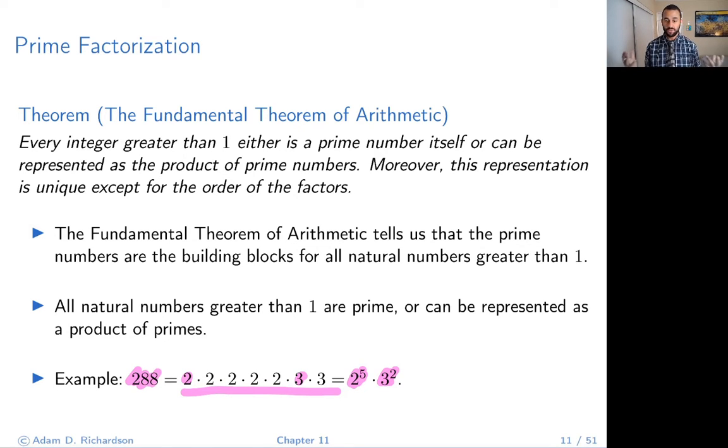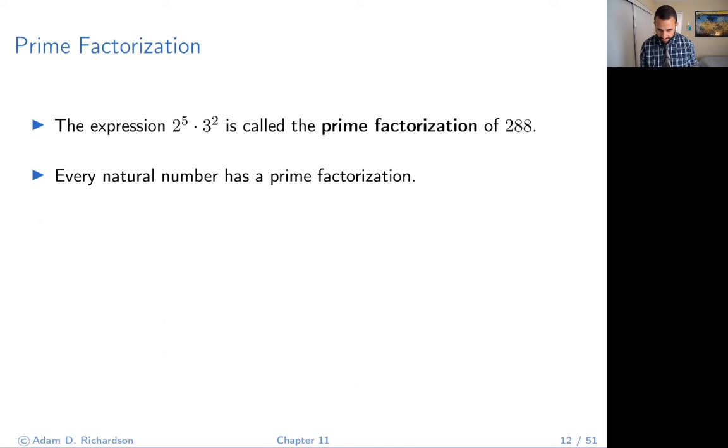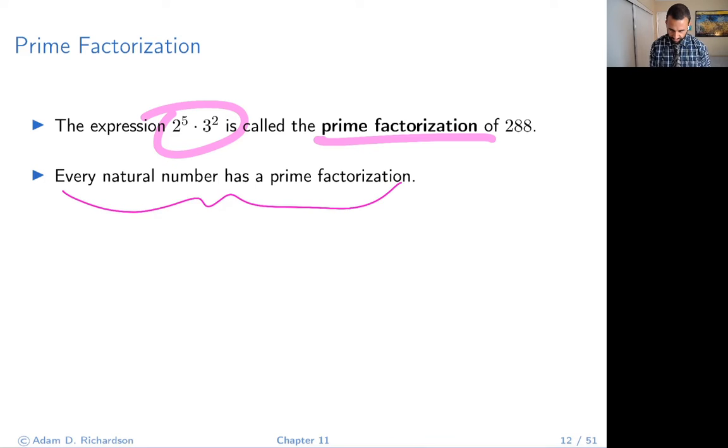And that's all you need. So if you want to make the number 288, you're going to need 5 factors of 2, and you're going to need 2 factors of 3. This is what's called the prime factorization of 288, and we're going to see how to do that in just a minute. Every number has a prime factorization, and that's what the fundamental theorem of arithmetic says. This is kind of a restating of the fundamental theorem of arithmetic.